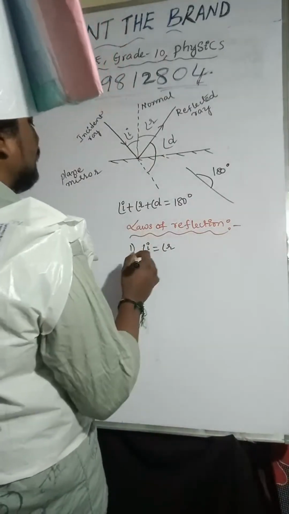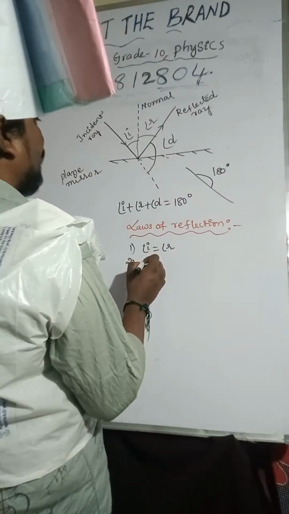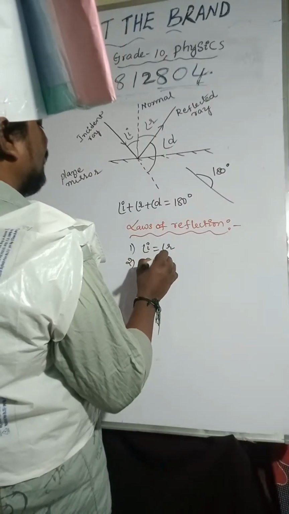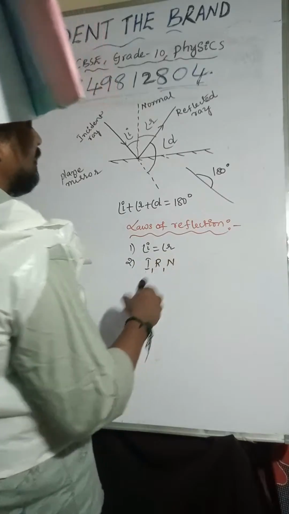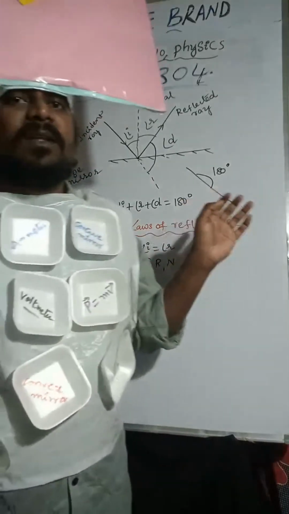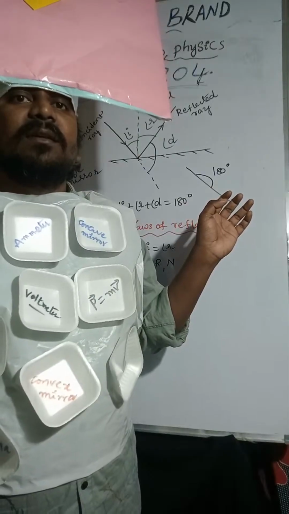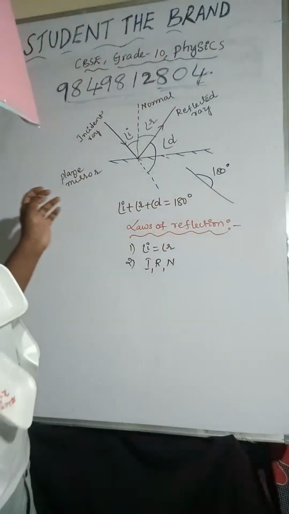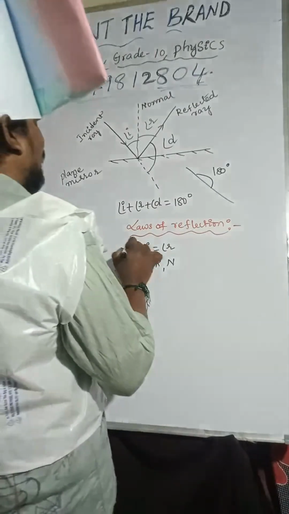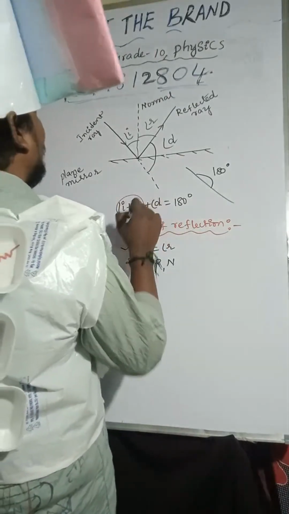Second, the incident ray, reflected ray, and normal line lie on the same plane.